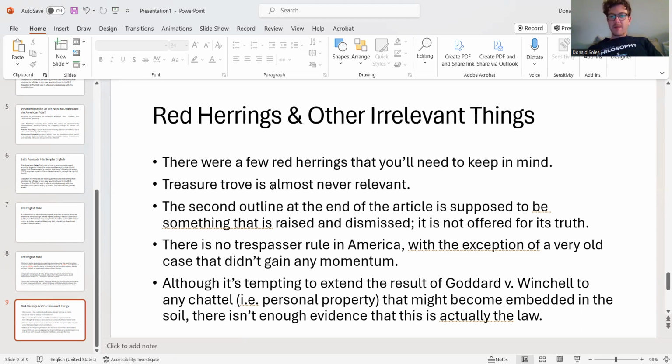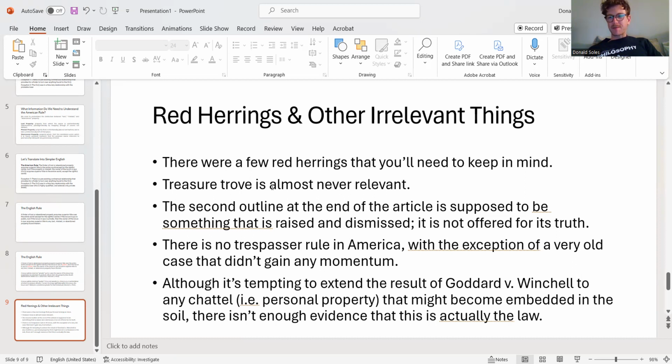Again, a piece of chattel might be a cup or a cell phone. And if the cell phone is embedded in the soil, it's not clear that that would become the owner of the locus in quo. Contrast that with a boulder that rolls down the hill and does become embedded in the soil. You might think that the boulder becomes the owner of the locus in quo because of the doctrine of accretion.